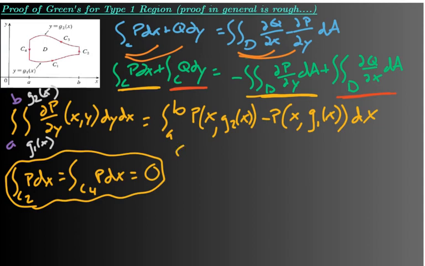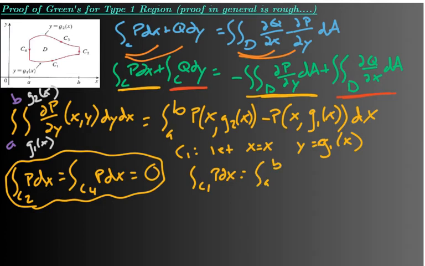So for curve 1, I'm going to let x equal x, and then y will equal g1 of x. Okay, this is just me parameterizing my function along curve 1. And so in that case, the line integral around curve 1 of P dx is going to be going from a to b, right?